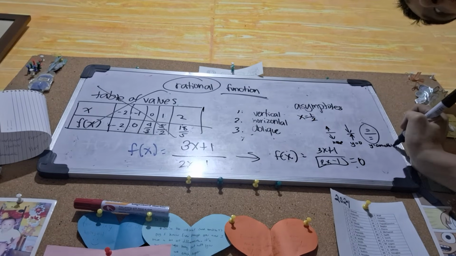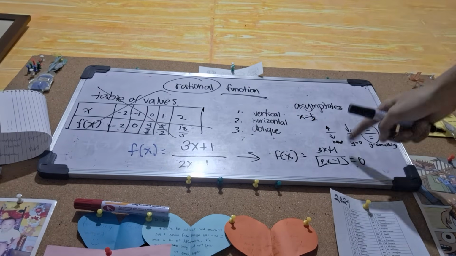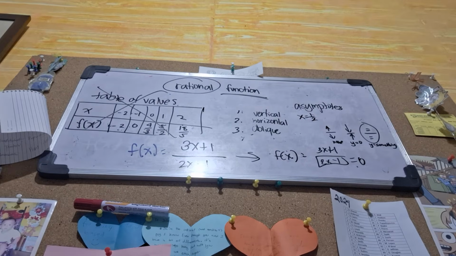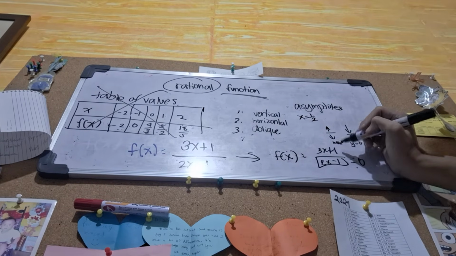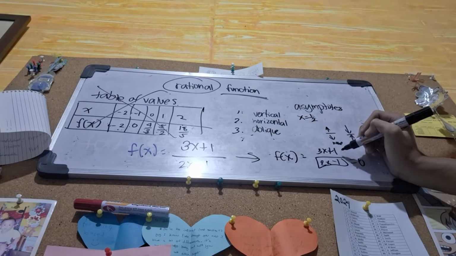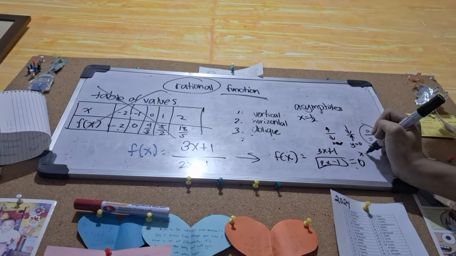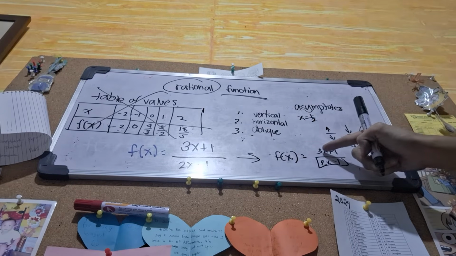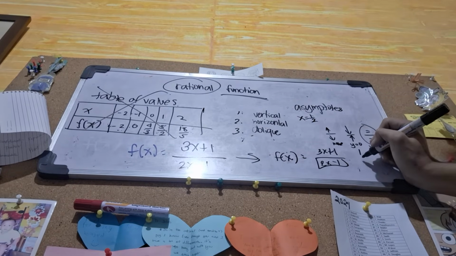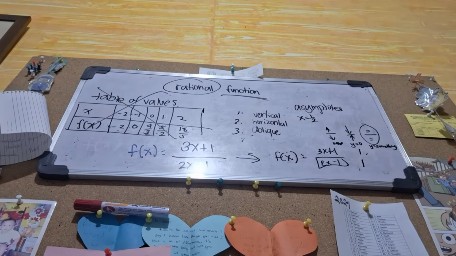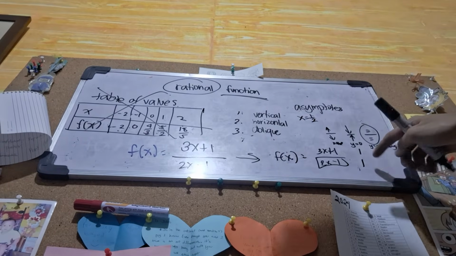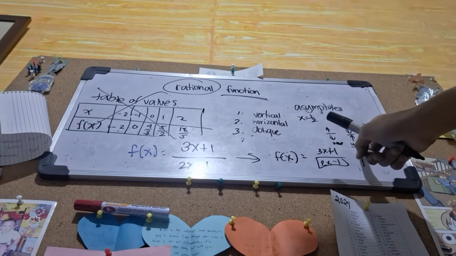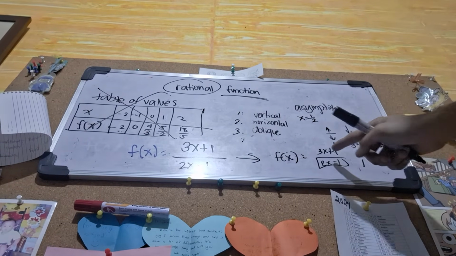But what is that something? Well, we take a look at what's the biggest exponent here. We look at the variable with the biggest exponent. Our biggest exponent is 1 over here, and the biggest exponent here is 1 as well. So, which of these terms have exponent 1?